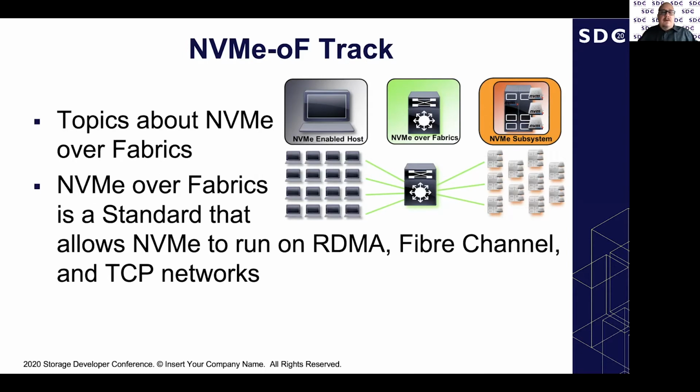The first one was based on RDMA, which could be RoCE, iWARP, running on InfiniBand or Ethernet. Then closely following that one was a binding for fiber channel. And then a more recent one is a TCP binding, which allows you to run over more general Ethernet networks.